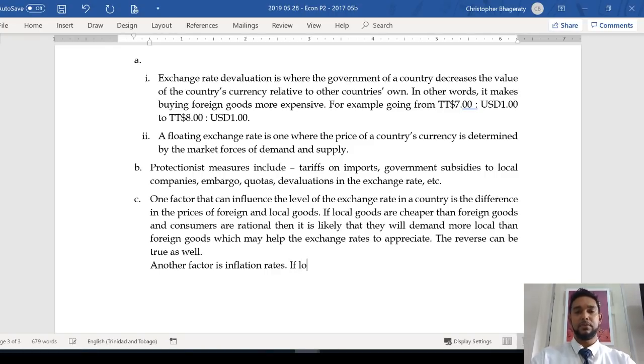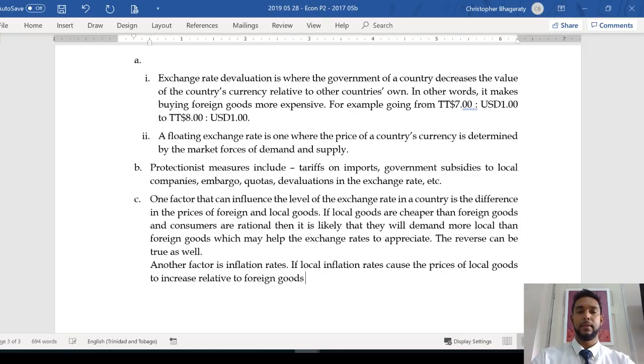So if local inflation rates cause the price of local goods to increase relative to foreign goods, then consumers might buy more foreign goods than local, right?